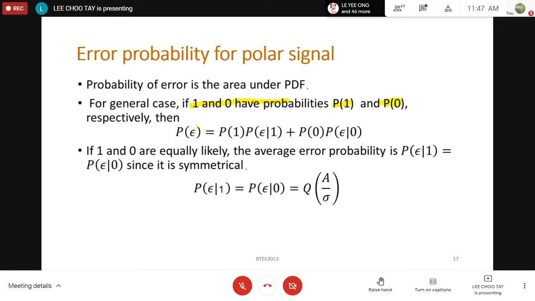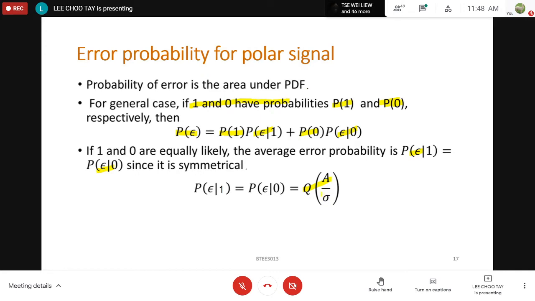So the probability of error is equal to the probability of 1 being sent but wrongly received, plus the probability of 0 being sent but wrongly received as well. Now, if 1 and 0 are equally likely, that means the probability of 1 being sent and the probability of 0 being sent are the same. Then the probability of error with the 1 being sent and with the 0 being sent will be symmetrical, and it can be found by taking the Q function of A over sigma.